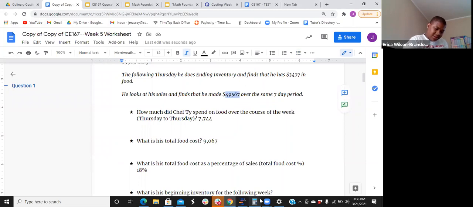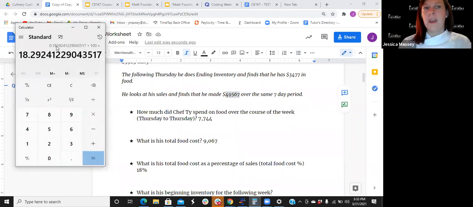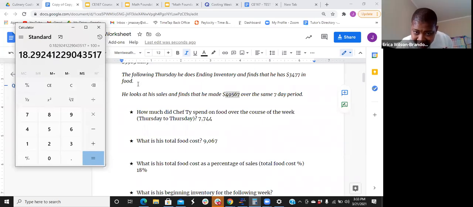That should get you a decimal of 0.182924. Divide by the 49,000... What do you get, 46 from computer? Stupid.